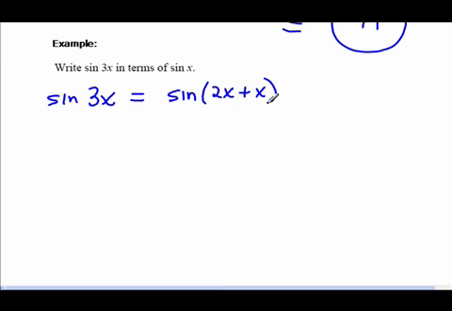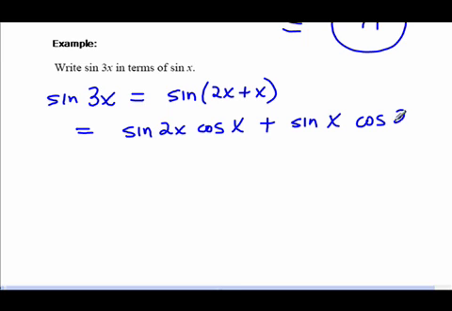And now let's use the sine of a sum identity. The sine of 2x plus x would be sine 2x cosine x plus sine x cosine 2x. And we'll simplify the sine of 2x.